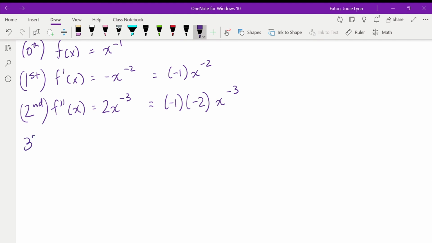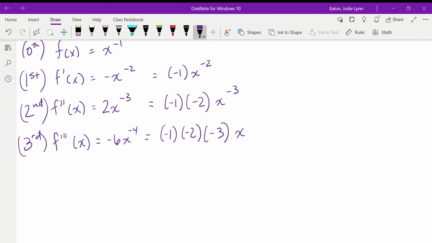We can see our third derivative, f triple prime of x, equals negative 6x to the negative 4. It's actually more useful to see that that is equal to negative 1 times negative 2 that we started with times a negative 3, x to the minus 4.